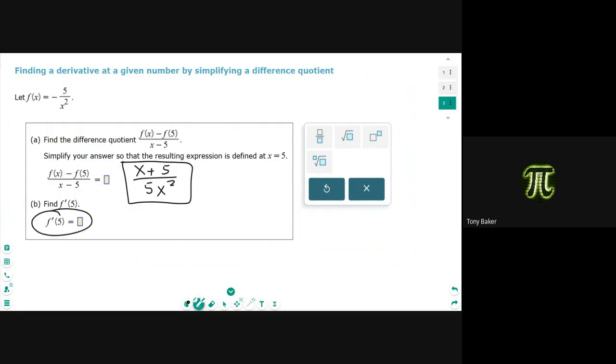So if we plug in 5, I get 10 over 125, which is 2 over 25. So x plus 5 over 5x squared is the derivative of x.